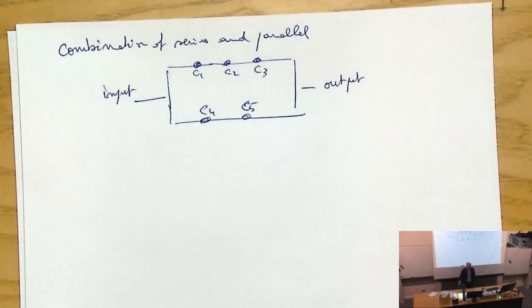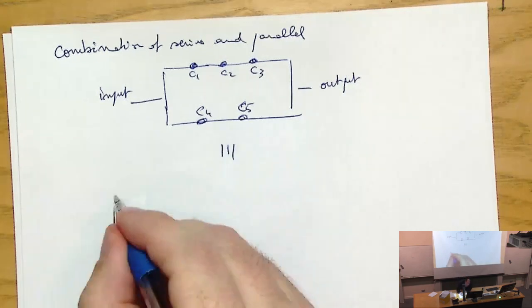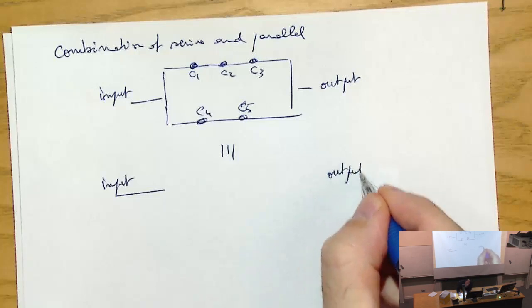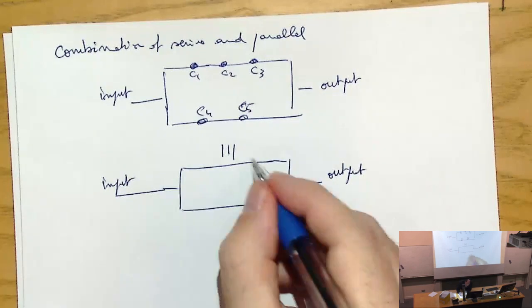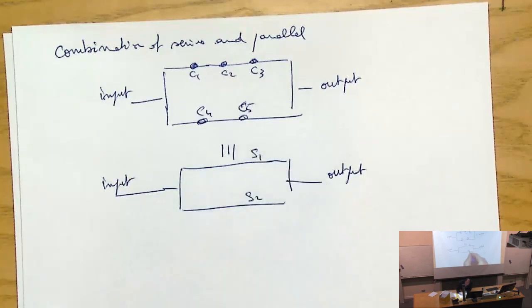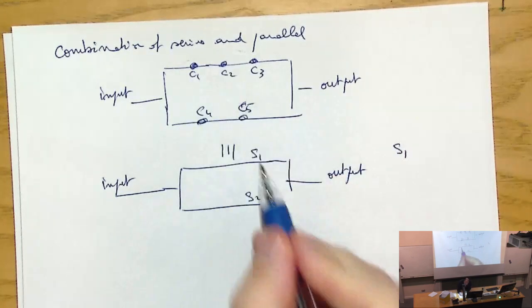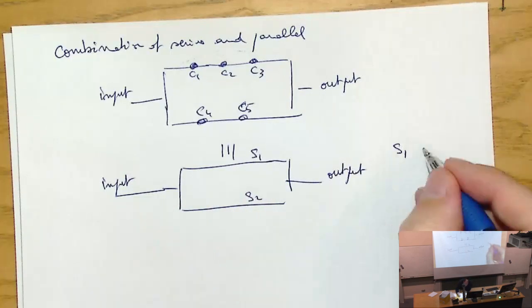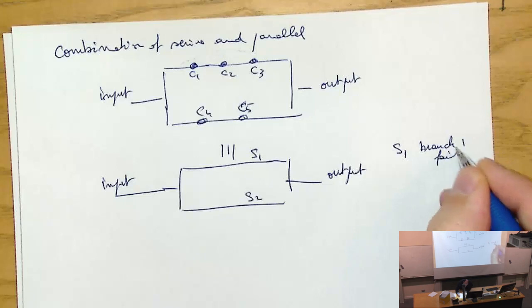Well, I can use what I have done before. What I can do first, I can abstract this. So this is equivalent to having an input, an output, and I have only two branches. I have a branch S1 and a branch S2. Where I abstract those three here as just one system, S1, where S1 means branch 1 works.